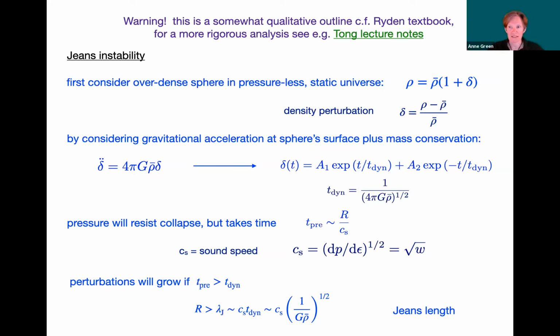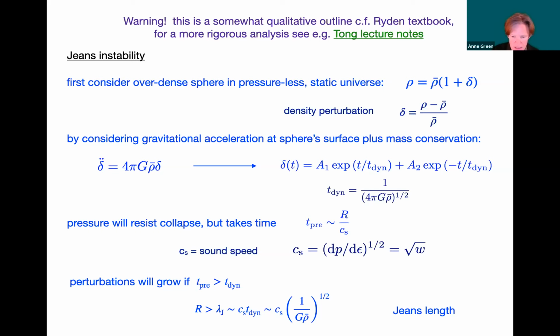So what we're seeing is that gravity is going to pull things in, and the density perturbation in our pressureless static universe would grow exponentially. However, pressure, if it's not zero, is going to resist collapse, but that takes a finite time, and that time it takes, t_pre, is roughly equal to the radius of our spherical overdensity divided by the sound speed, i.e. the speed at which pressure can travel.